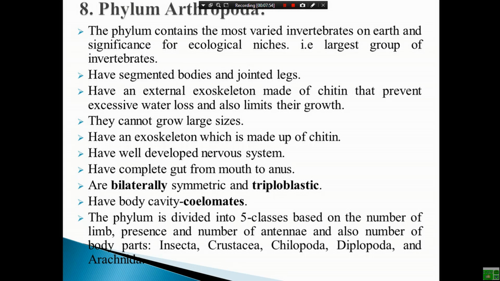Those are the members of this invertebrate phylum. Assume kingdom Animalia, phylum Arthropoda, and then thirdly class. So there are 5 classes in this phylum Arthropoda.